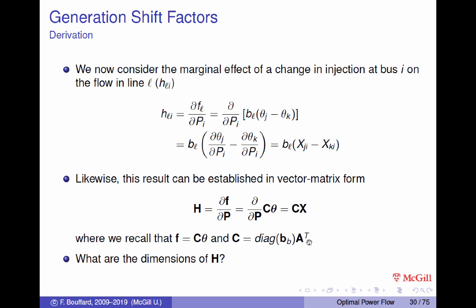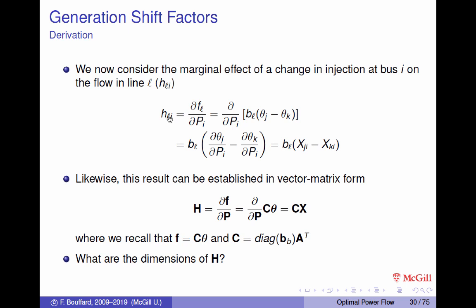Now, we had found that the dimensions of the matrix X were n by n. What are the dimensions of H? If you look at the indices of H, the first index, which represents rows, is for the lines or the branches. So the number of rows of the H matrix will be equal to the number of branches or lines.